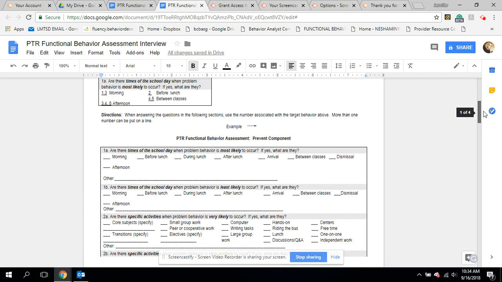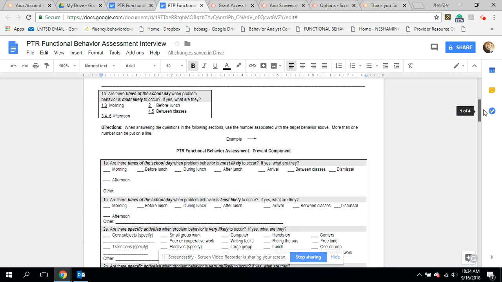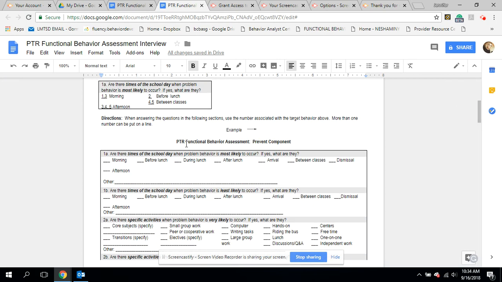Okay. So if you look at the rest of this page, this little box here is 1A, which asks: are there times of the school day when the problem behavior is most likely to occur? If yes, what are they? Meaning, for example, let's say that you had three behaviors listed here.